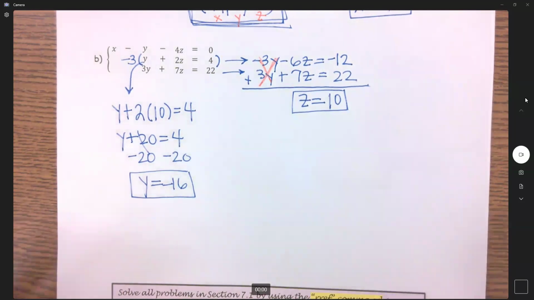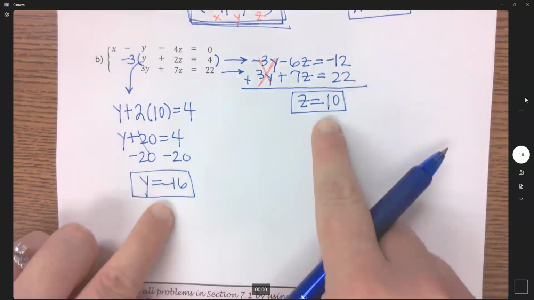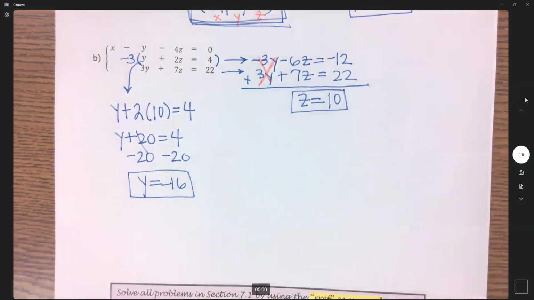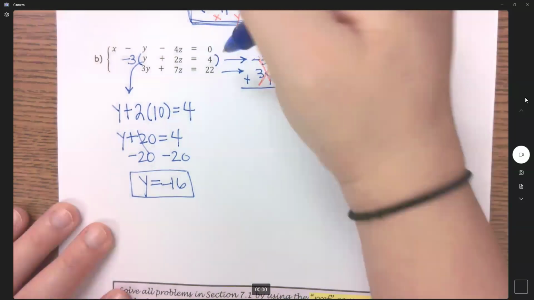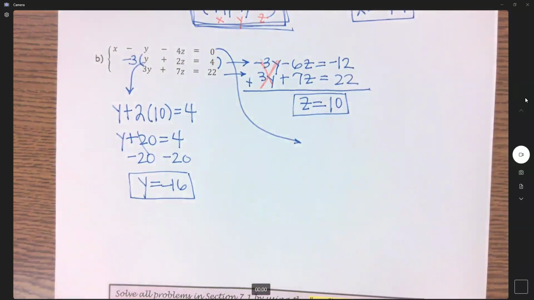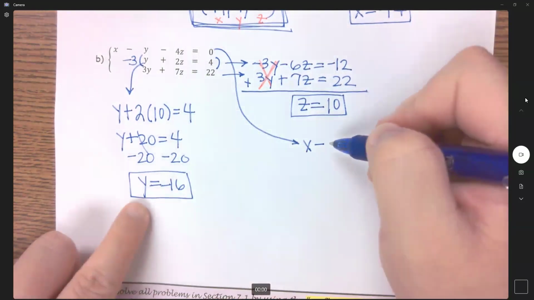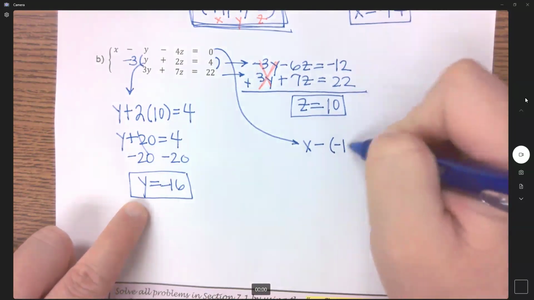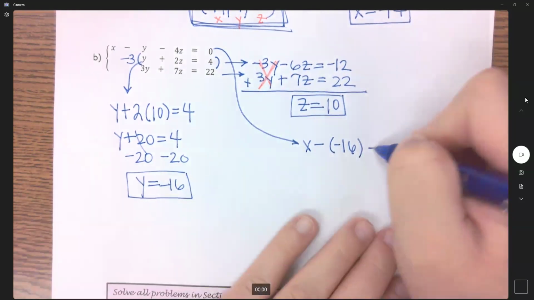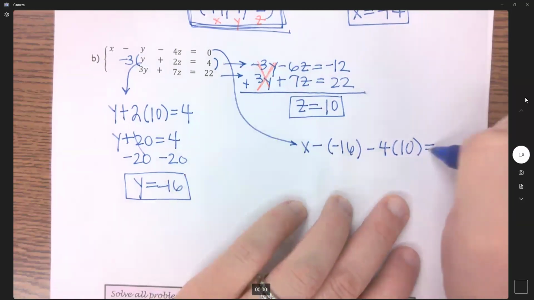So now, last lesson, this is what we did. We were done. We solved for our two variables. Now with this problem, I have one additional step, and that's to substitute it into the top one and get my last variable. So now I have x minus my y, which is -16, minus 4 times z, which is 10, and this should equal 0.